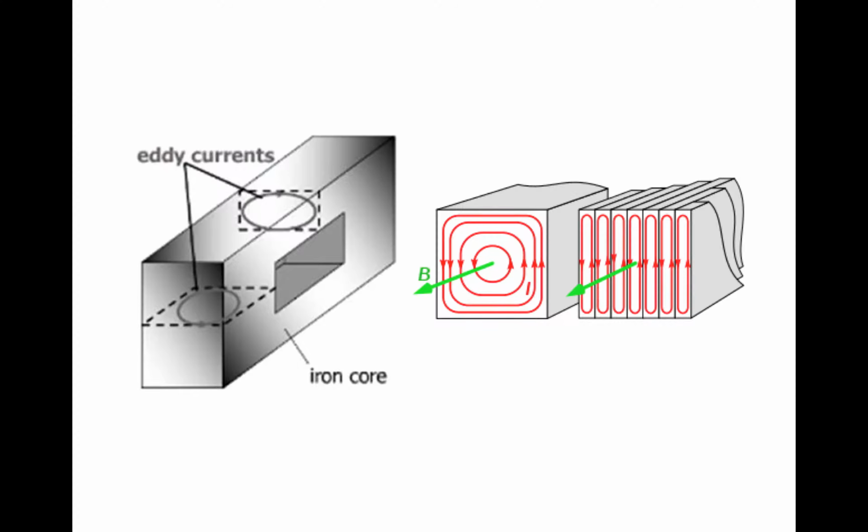And there is another type of energy loss inside the transformer core, and it is known as eddy current loss. The time-varying magnetic flux set up inside the transformer core is going to induce voltages not only on the primary and secondary side coils, but also inside of the transformer core.